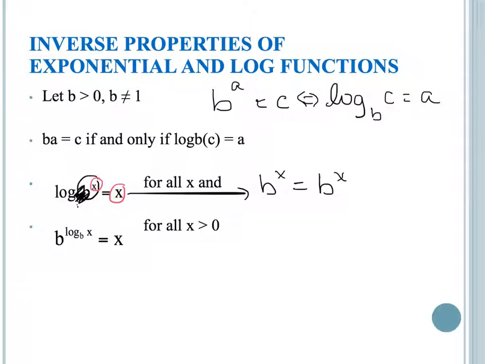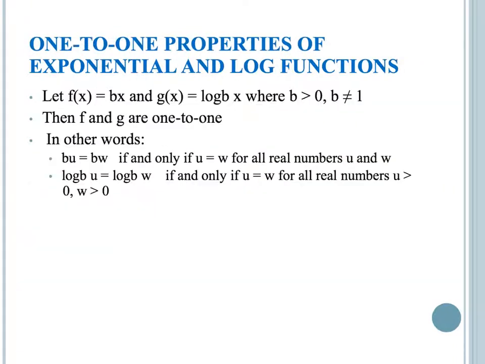Then on the other side, when we have the base b and the base of our logarithm the same, we can also cancel out those, and we get x equals x for the exact same reasoning. Then in some of our properties for logarithms, we can multiply with our logarithms if our functions are one-to-one, if they're invertible, and we're only allowed to do that if these are the same.